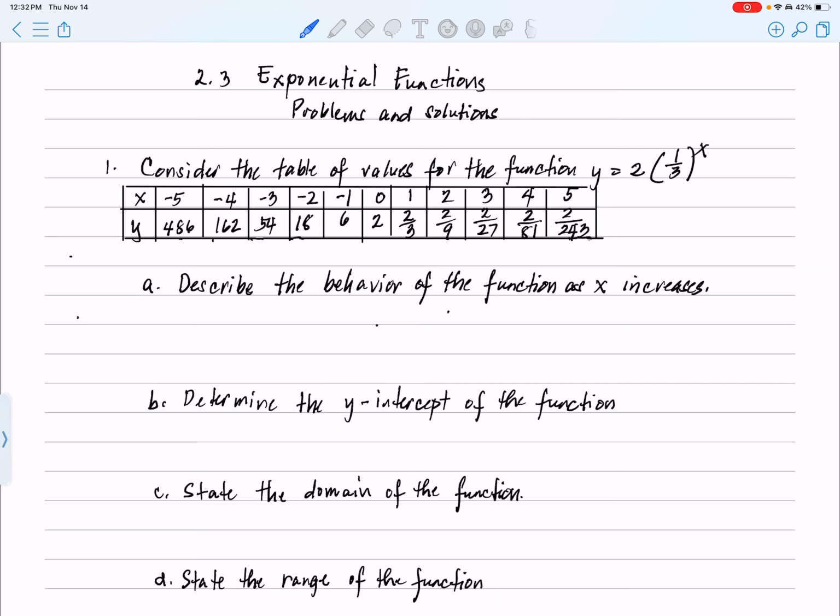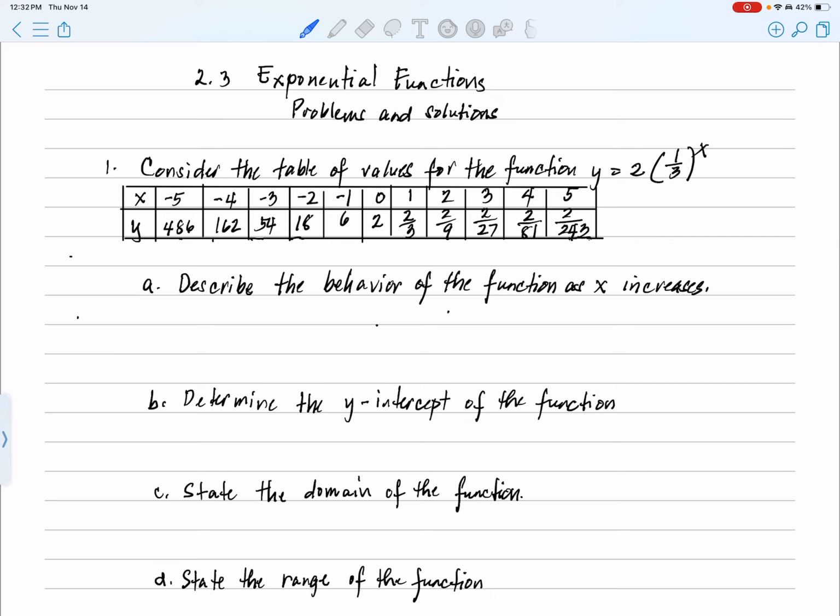If we observe the table, x is from -5 to +5, while y is from 486 to 2 over 243. We want to identify if the values of y are increasing or decreasing as x increases.